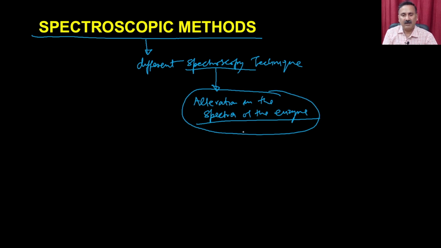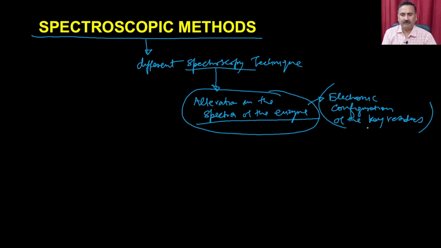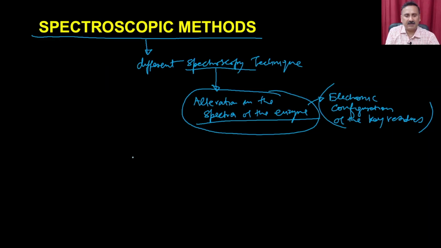One of the classical ways in which you can map that is by a change in the electronic configuration of the key residues. So electronic configuration is mostly responsible. Suppose you have an enzyme, and it has an arginine amino acid at the active site, or suppose it has a serine at the active site, and so on.